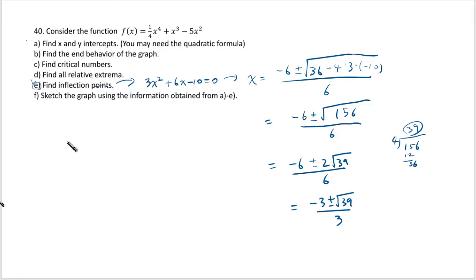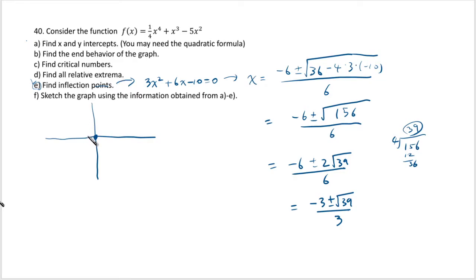Let's try to draw the graph now, but we need to have some idea of what this is. Well, you see, here's what we have so far. We have the x-intercepts as first it passes through 0, 0, and it has some two crazy numbers before and after. But what's nice is all the relative extrema.